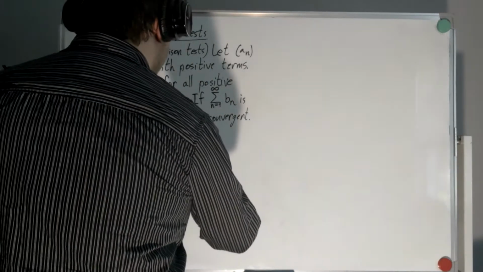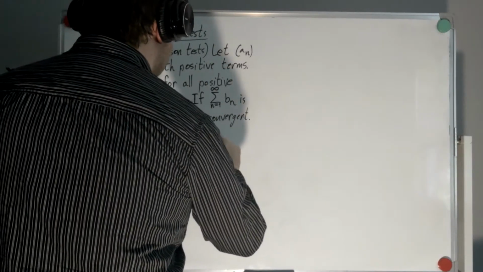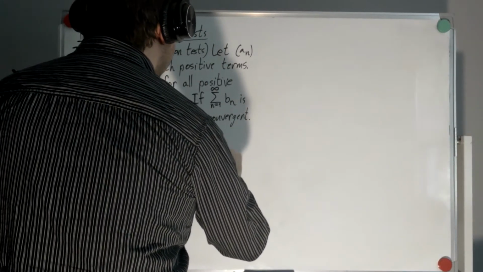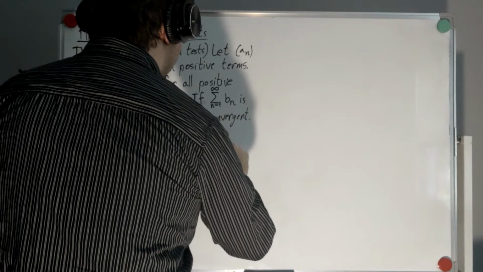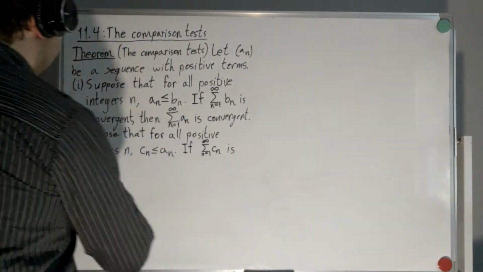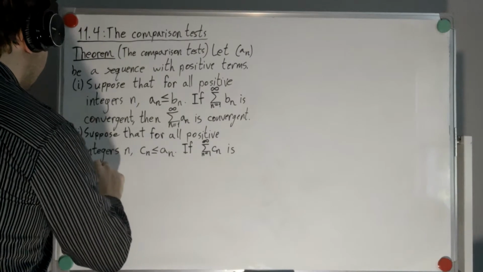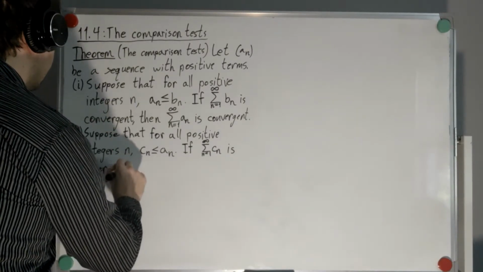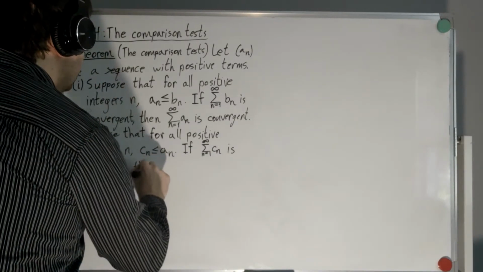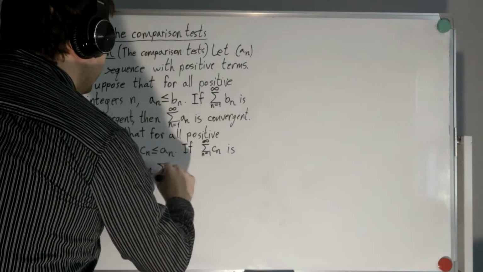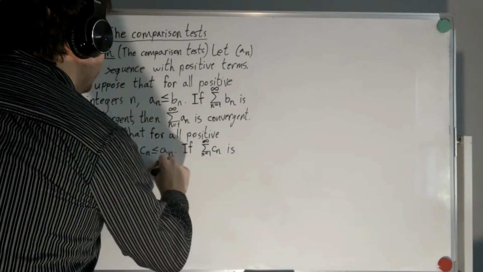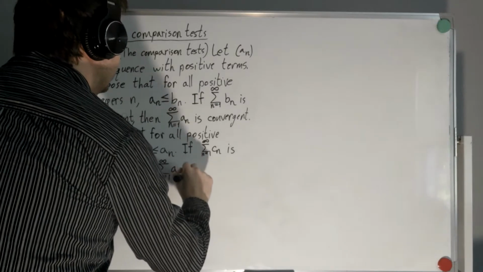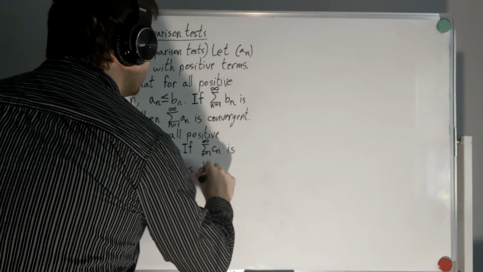Now, if the sum from n equals 1 to infinity of Cn is divergent, then the sum from n equals 1 to infinity of an is also divergent.